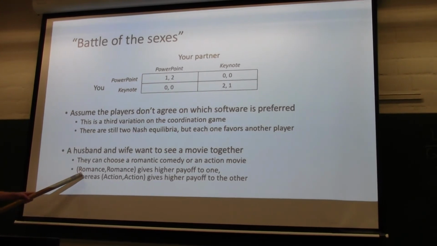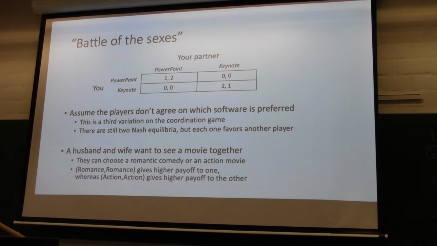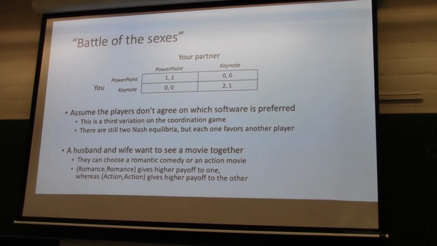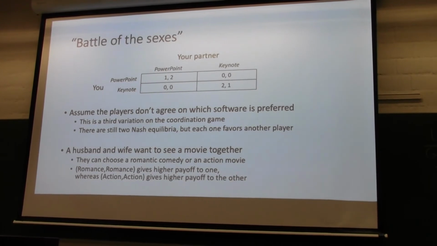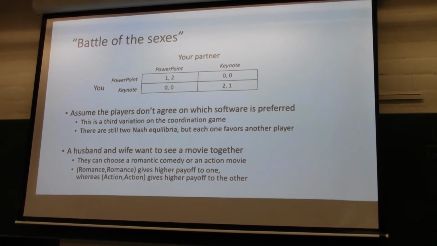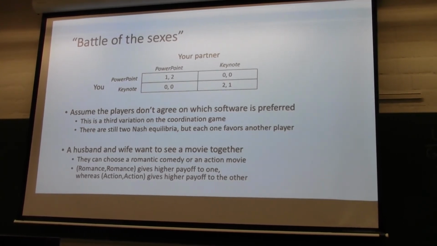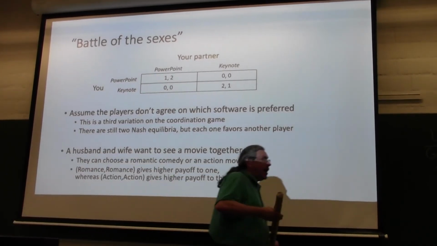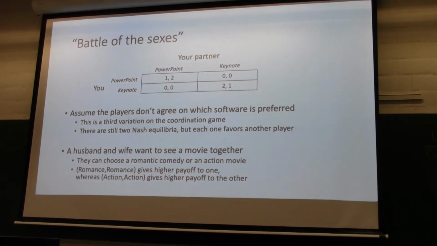But here you can either do romance, and one of them is very happy and the other one is less happy, or you can do action, and one of them is less happy and the other more happy. So you can't make both of them equally happy. So what do you do? Again, you have to find something that's outside of the game.